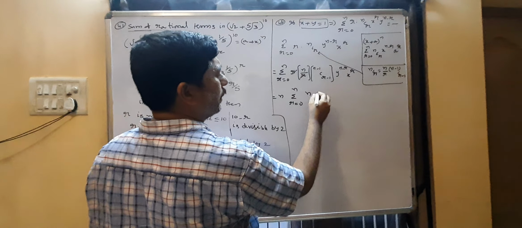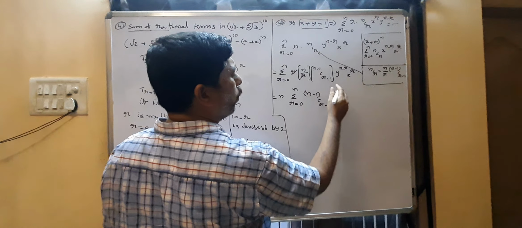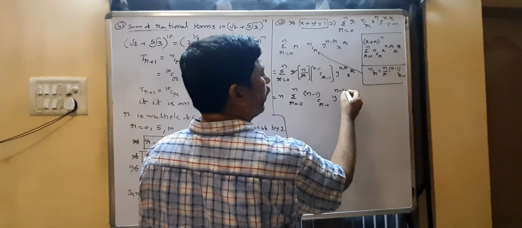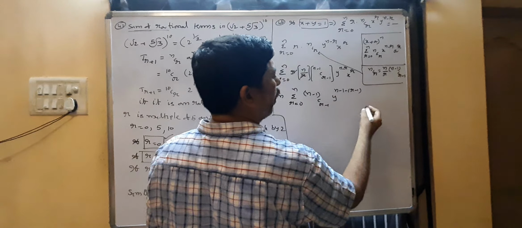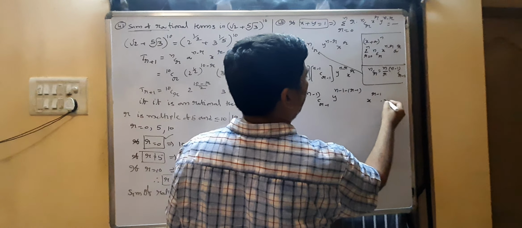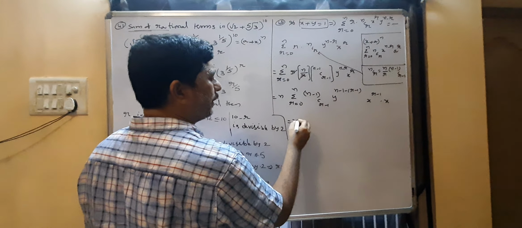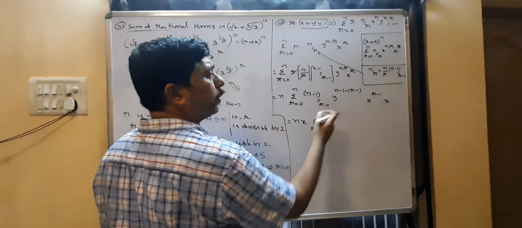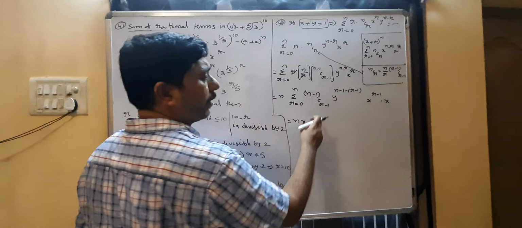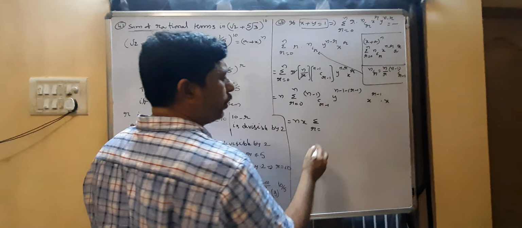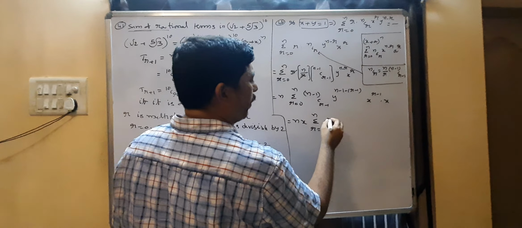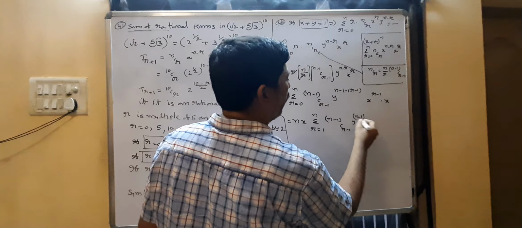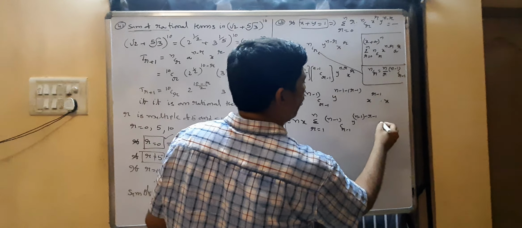Now apply 0: if you take 0 you get 0 − 1 = −1, but a suffix value is always a positive integer, so r equal to 1 to n, (n−1)C(r−1) y^((n−1)−(r−1)) x^(r−1).